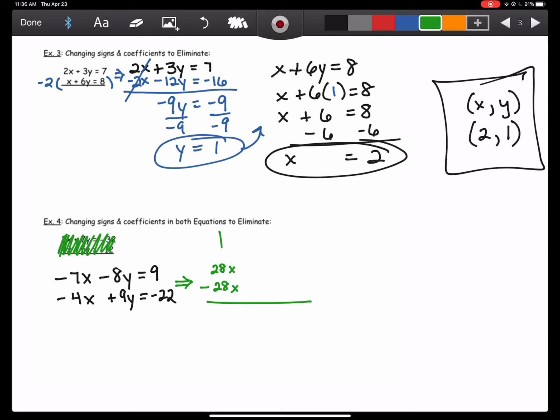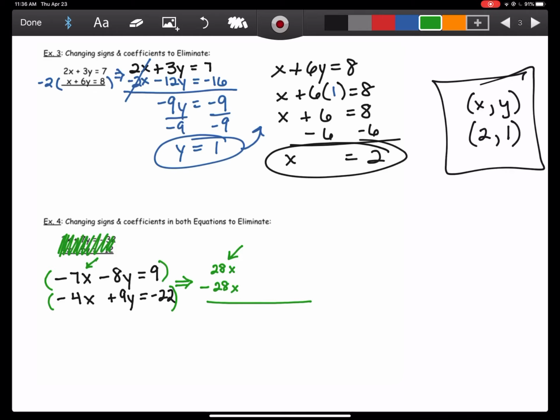So I need one of my 28x's to be negative, okay? So sometimes doing this, writing my goal of what I'm trying to create first, before I write down what I'm going to multiply by, can be very helpful. So if I want to take negative 7x here, and I want to turn it into positive 28x, what do I need to multiply by?